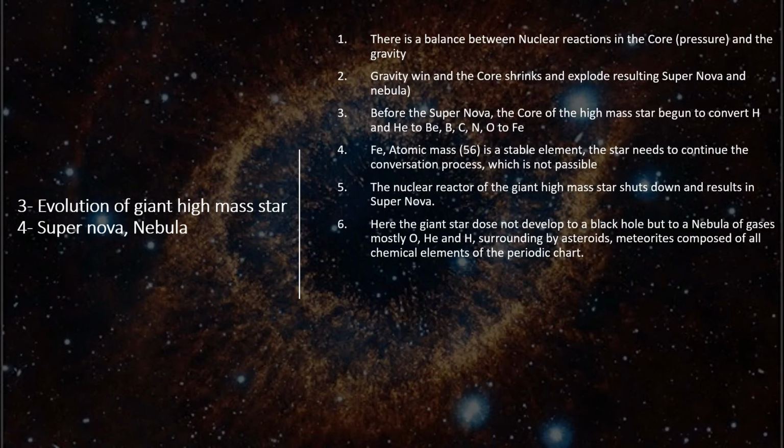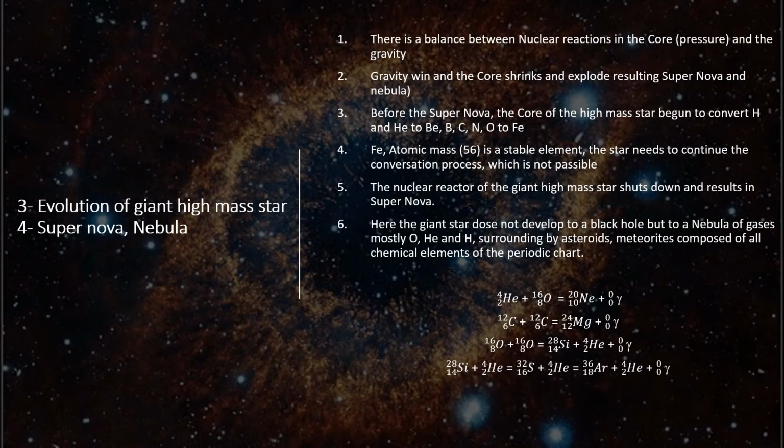So the chemical reactions there start from helium, which is an isotope of hydrogen, and continue to make the rest of the elements: oxygen, neon, carbon, magnesium, silicon, and each time new elements appear, light or photons are also added out from the star.